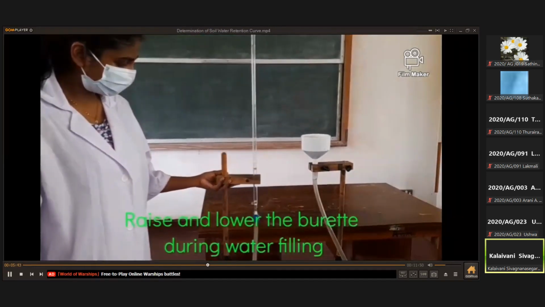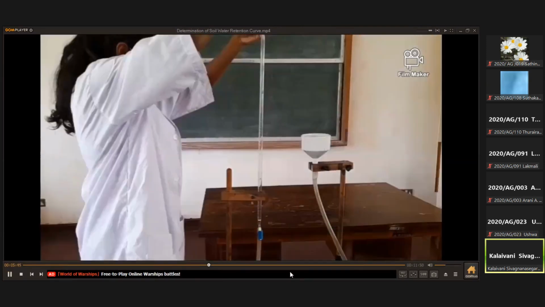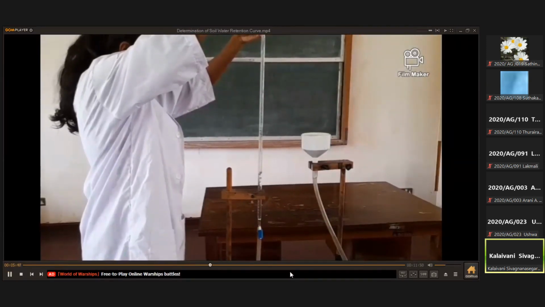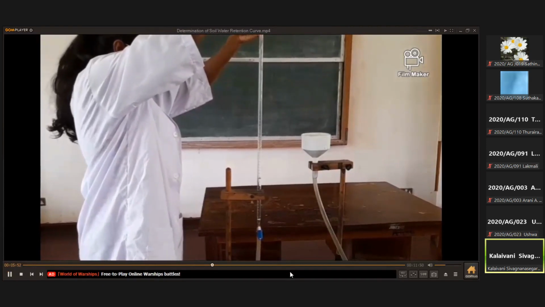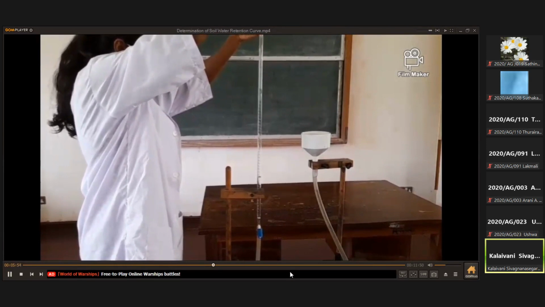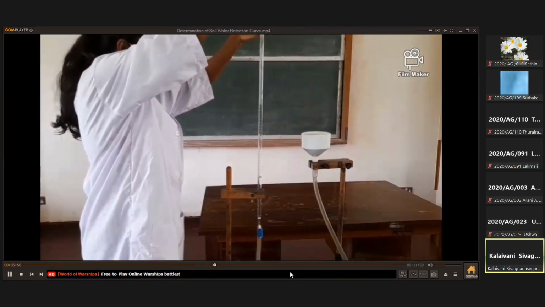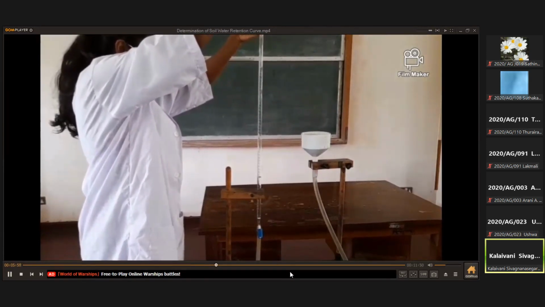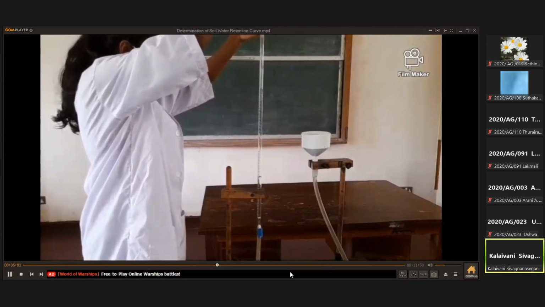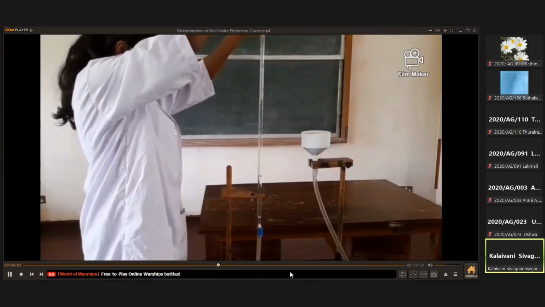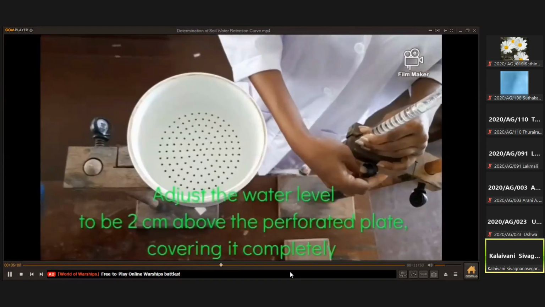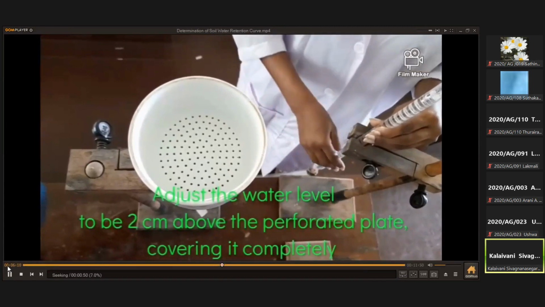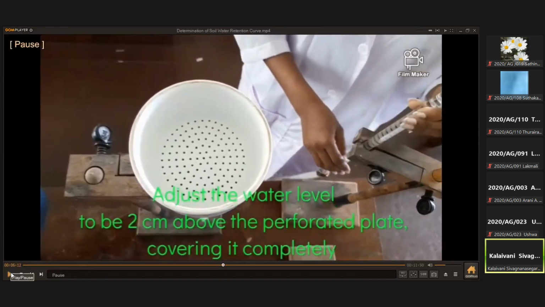You can observe they can move that burette upward and downward. You can observe this Buchner funnel and the setup.